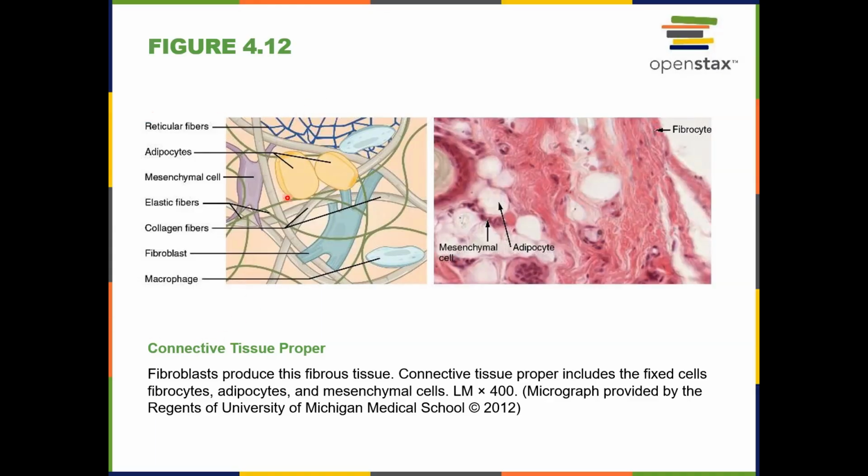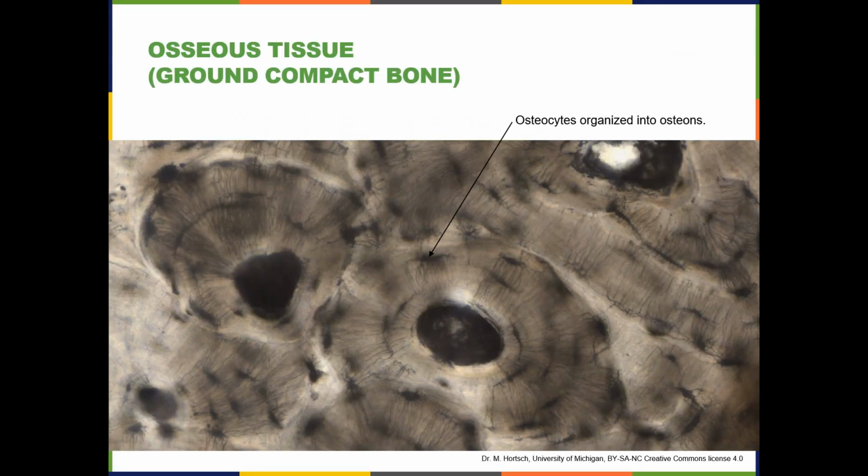The cells and fibers of connective tissue are surrounded by a fluid-like substance called ground substance. While ground substance of many connective tissues is a viscous liquid similar to maple syrup, in supportive connective tissue like bone, the ground substance can have hard mineral salts that allow this tissue to be more firm and supportive.